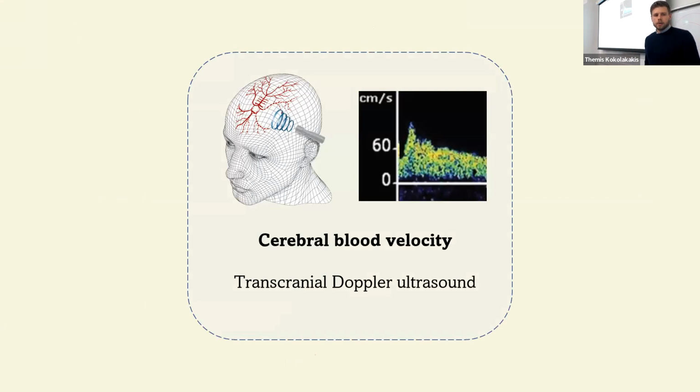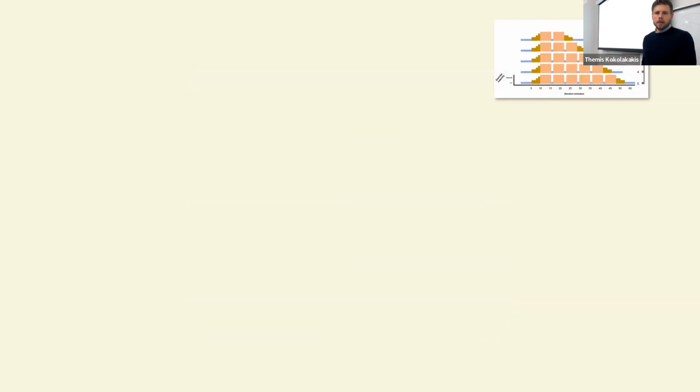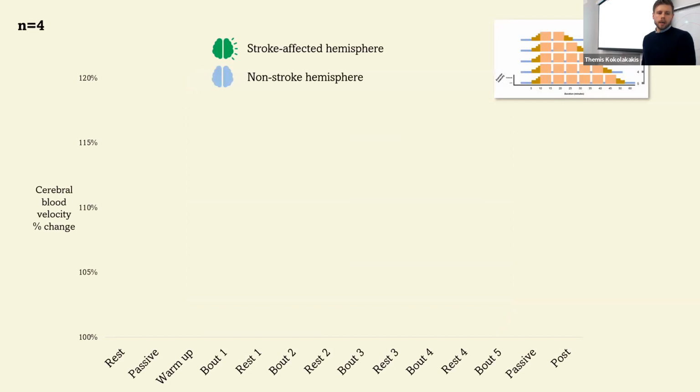I also conducted some mechanistic studies. One of which was looking at cerebral blood velocity using transcranial Doppler ultrasound. This is a graph showing one exercise session and the change in cerebral blood velocity.